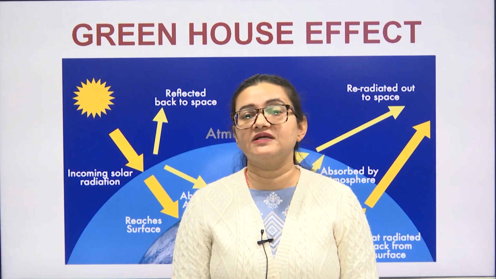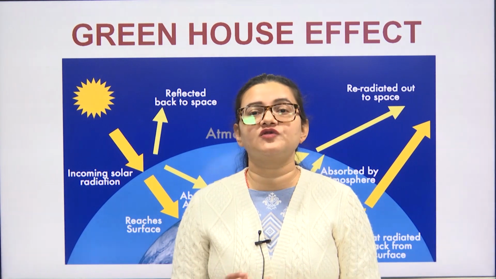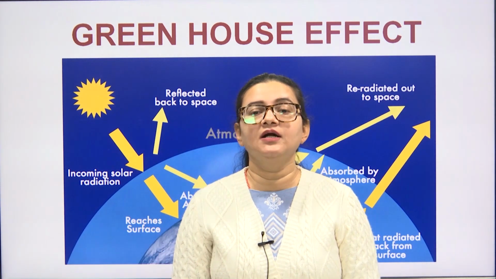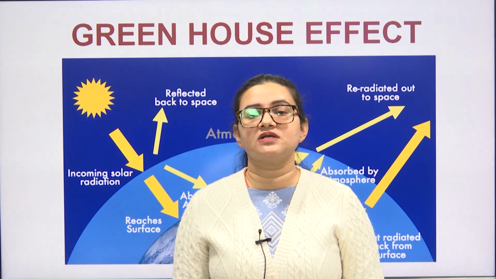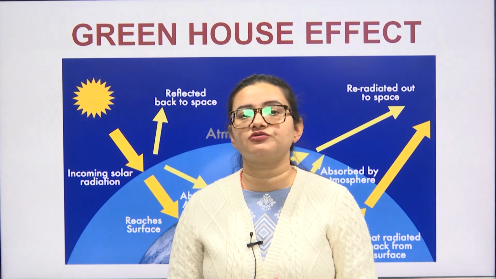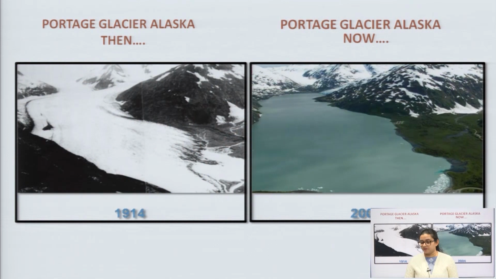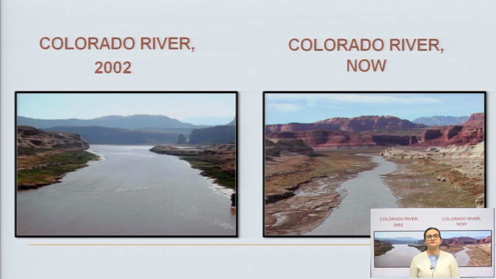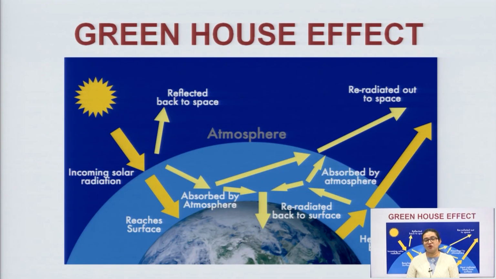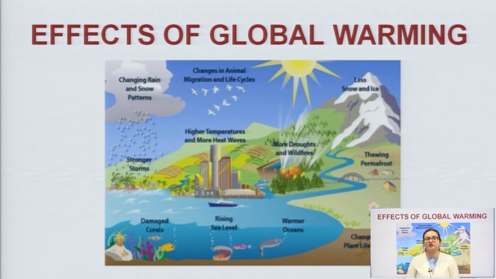Because of this increase in Earth's temperature, the rising level of water bodies is there, plus the evaporation of water causes small water bodies like ponds and lakes to shrink, as I have shown you on this screen, that all the water bodies, because of this global warming, have shrunk.